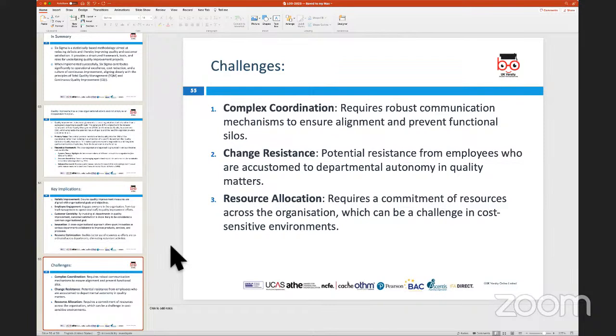And in this, generally, they are even looking at hiring new people, bringing fresh talent into the organization, which might be required. And this would also be a challenge from the point of view of resource allocation.